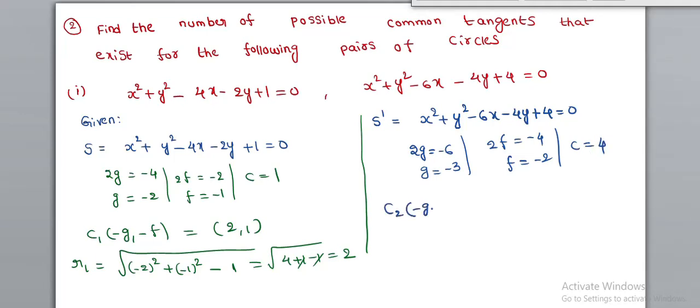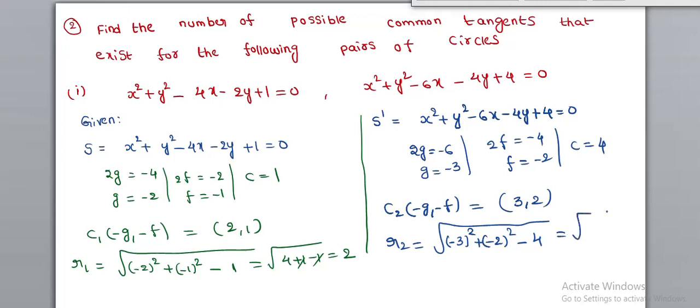Center is minus g comma minus f, that is 3 comma 2. Second radius is square root of minus 3 whole square plus minus 2 whole square minus c. So 9 plus 4 minus 4, root 9, value 3.